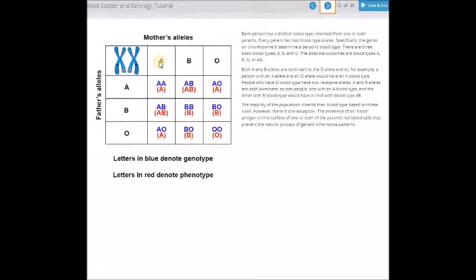If the mom passes along an A and the dad passes along an A, you're going to get AA. So the offspring is blood type A. This is not a Punnett square, by the way, just so you know. This is just showing you all the possibilities. If a mom passes along a B and the dad passes along an A, guess what kind of blood type you got? AB. If the mom passes an O and the dad passes an A, you get AO.